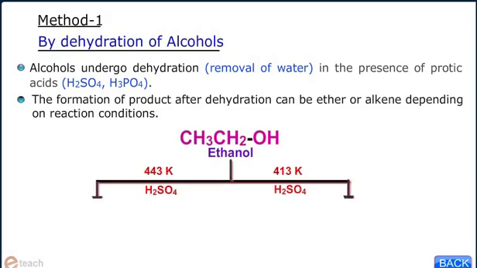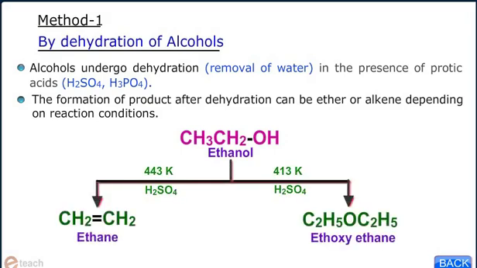CH3CH2OH, that is ethanol, at 443 Kelvin in the presence of H2SO4 gives CH2=CH2, that is ethene, and at 413 Kelvin in the presence of H2SO4 gives C2H5OC2H5, that is ethoxyethane.